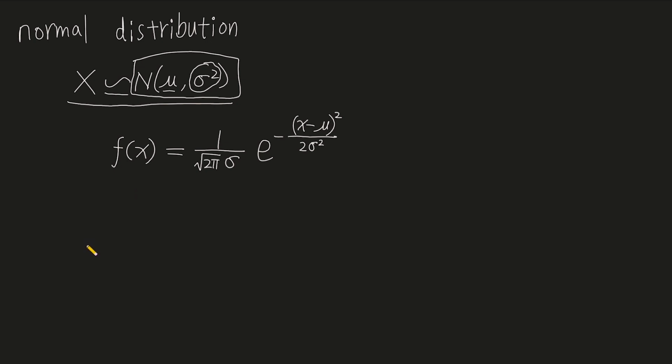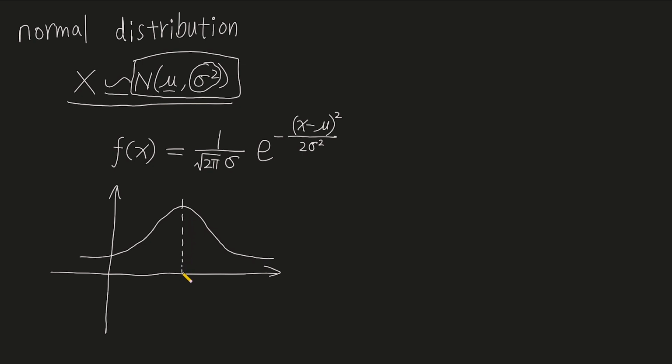Then let's check the graph of the probability density function. It's like this. Here is the mean of the continuous random variable.